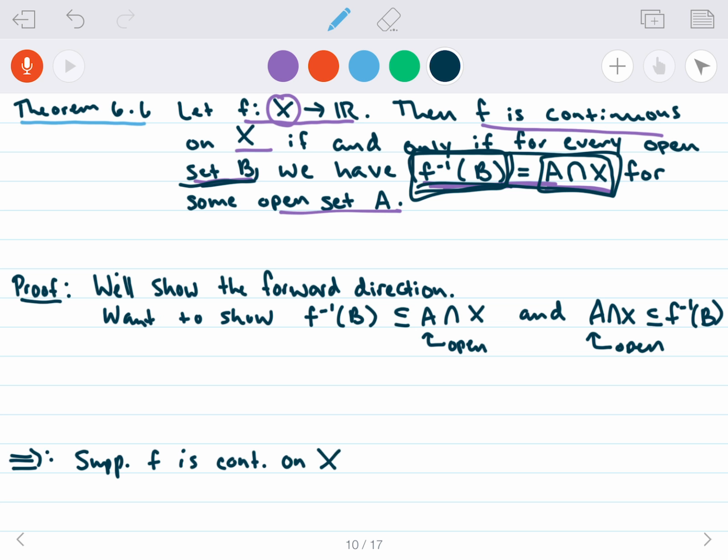And what does this say? Well, to deduce this set equality, we better start with an open set B. And suppose B contained in the real numbers is an open set.